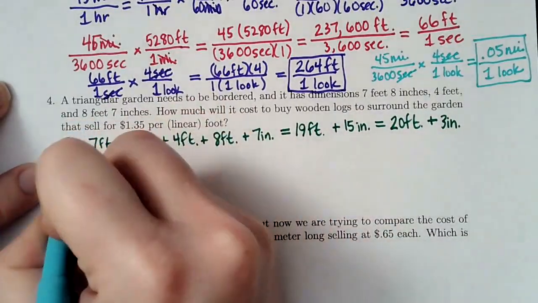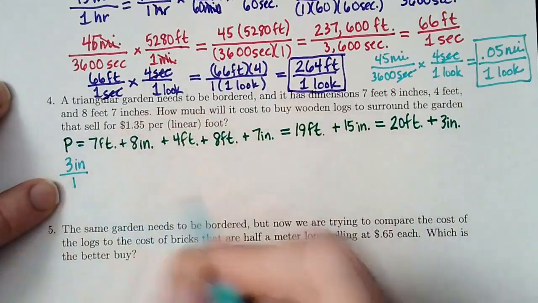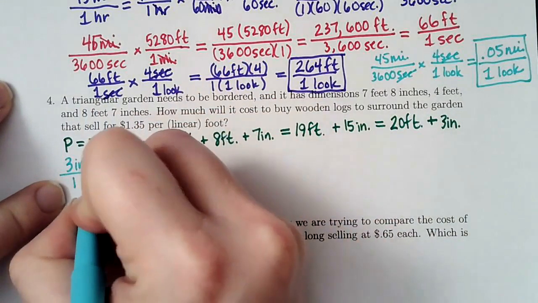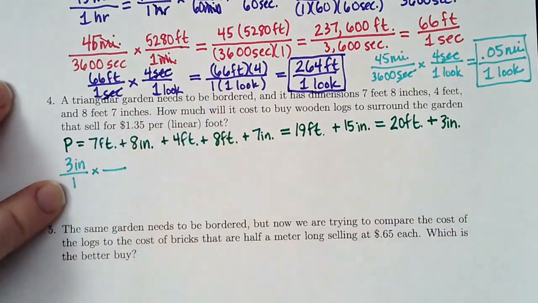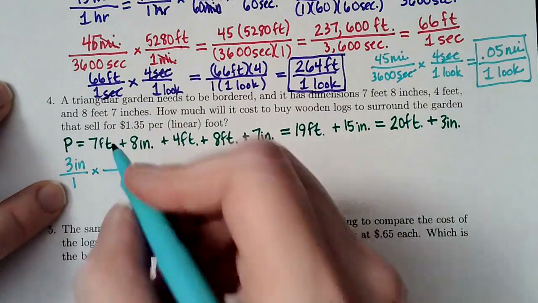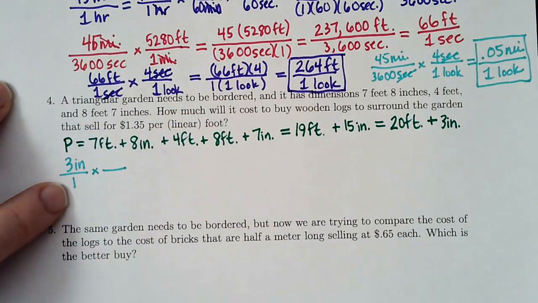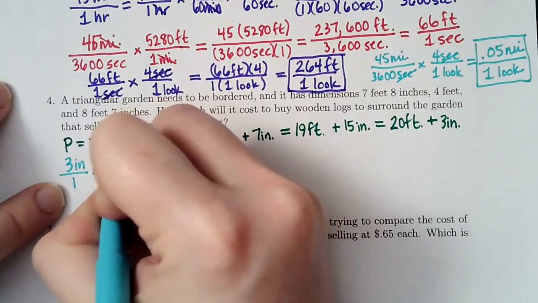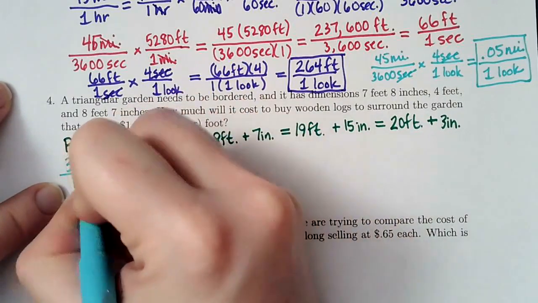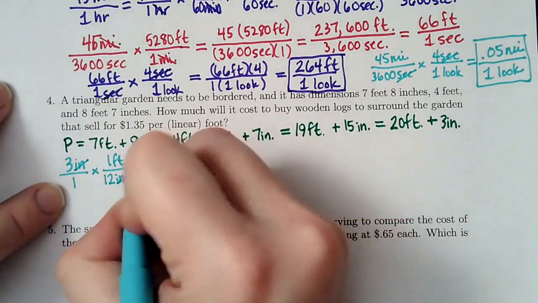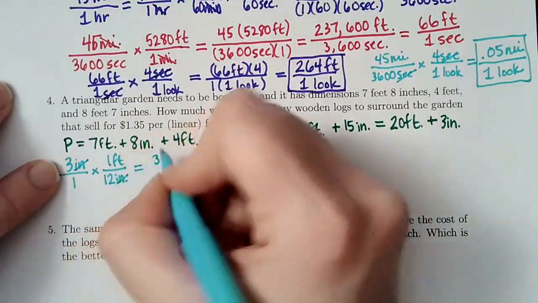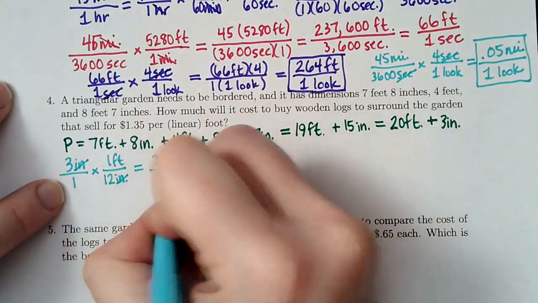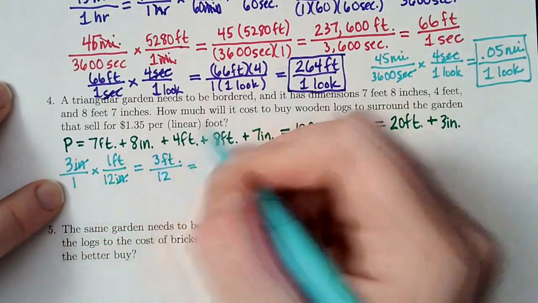3 inches is what we're starting with, one portion of the garden border. And we want this in feet, so we put inches down in the denominator, 12 inches, and 1 foot in the numerator, so that inches will cancel. And I see 3 times 1 makes 3 feet. 1 times 12 makes 12. 3 divided by 12, that's a quarter.